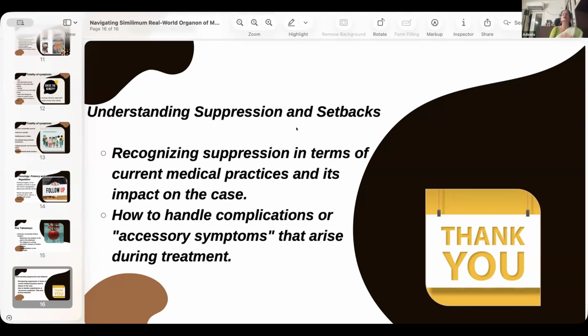That's why we have to guide that patient: unless there is a need for the puff, try to reduce the usage and frequency of the puff in your life. Try to handle it along with homeopathy.